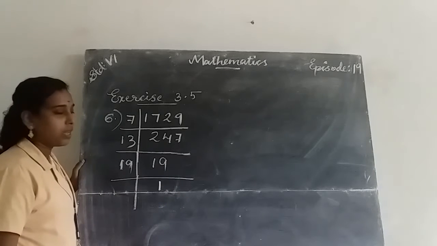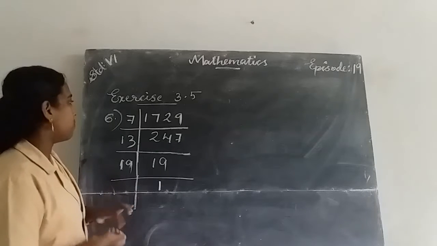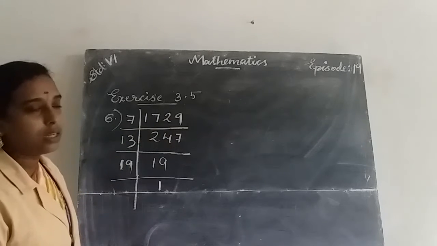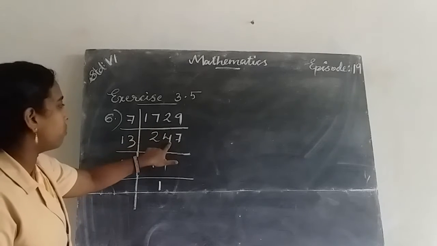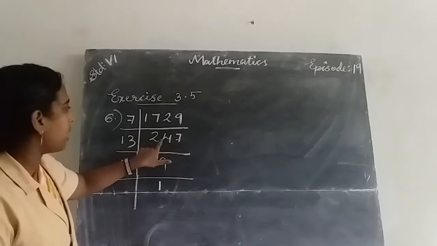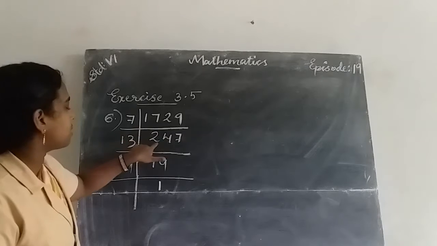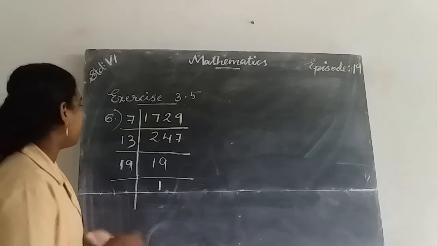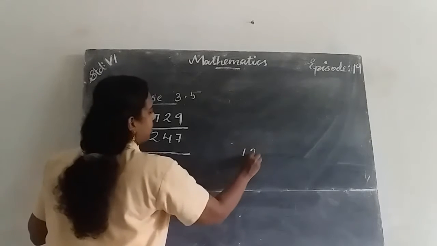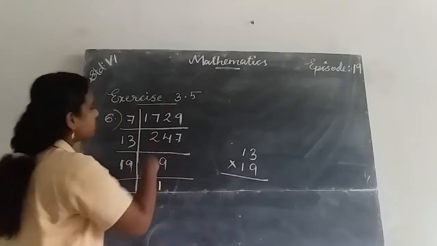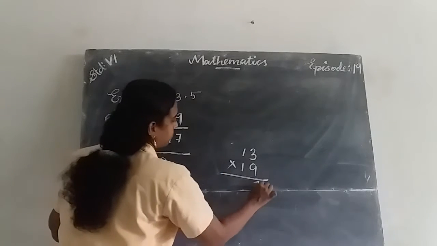We get remainder 0. So first we take the prime number 7 which divides 1729. Then 247 into 7 is 1729. Then the prime number which divides 247 is 13. 19 into 13 we get 247.